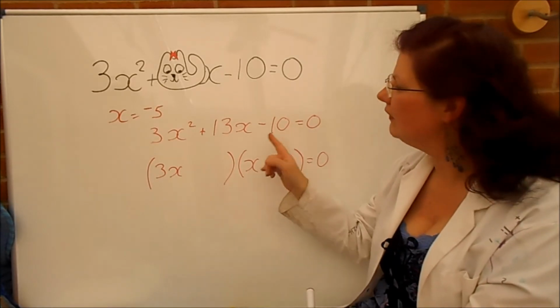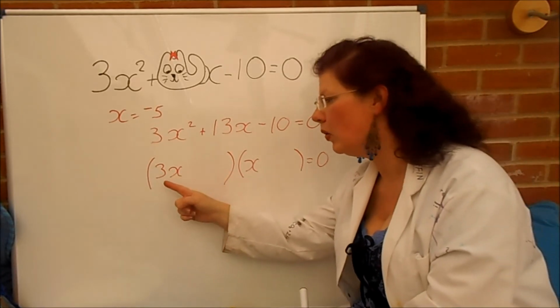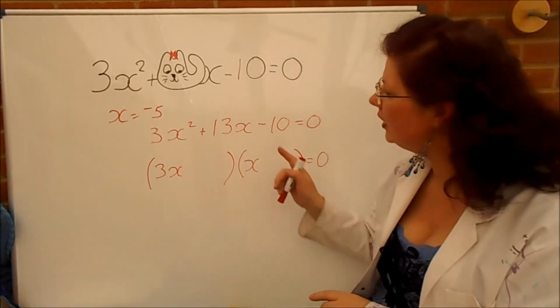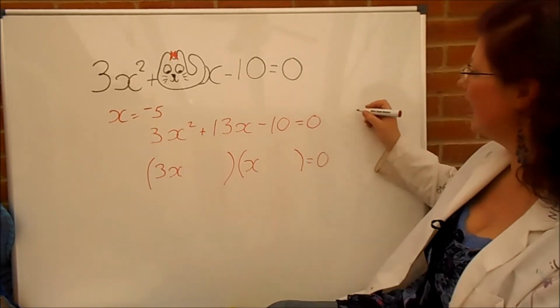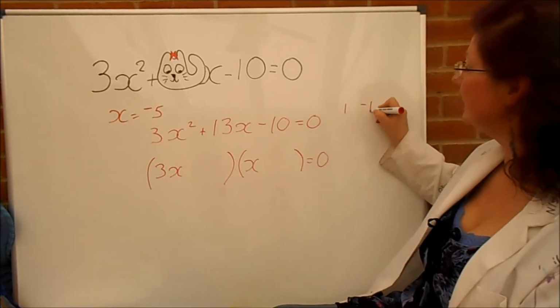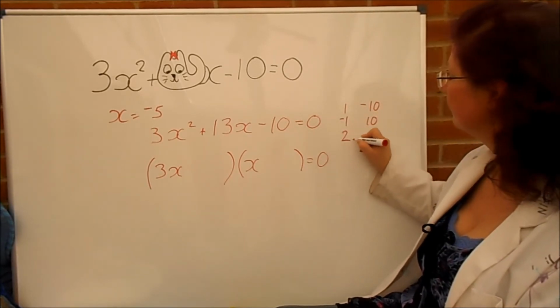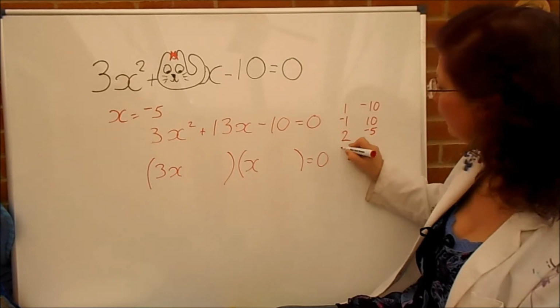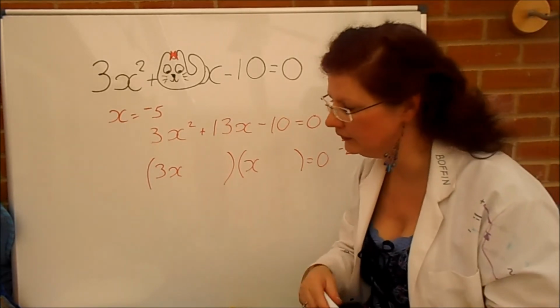But instead of adding to make 13, they've got to add to make 13 when one of them is trebled. So let's start off, as always, by listing out the combinations that make -10. We could have a 1 and a -10, or a -1 and a 10, a 2 and a -5, or a -2 and a 5, and that's the only ways of making -10.